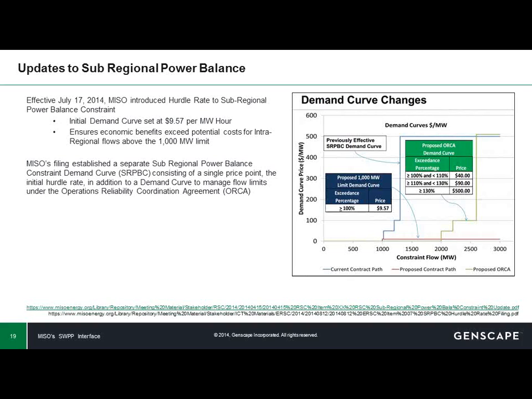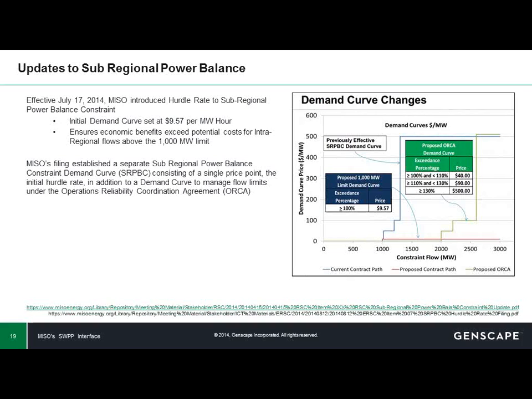So this filing established a separate sub-regional power balance constraint demand curve consisting of a single price point, the hurdle rate, in addition to the demand curve to manage the flow limits. And here we also included a demand curve chart next to it in the slide.